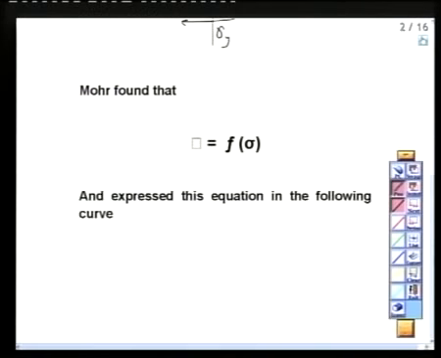Now, Mohr found that the shear stress, you remember Mohr, who invented the idea of circles, which we called Mohr circles. Mohr said that the shear stress is a function of normal stress.